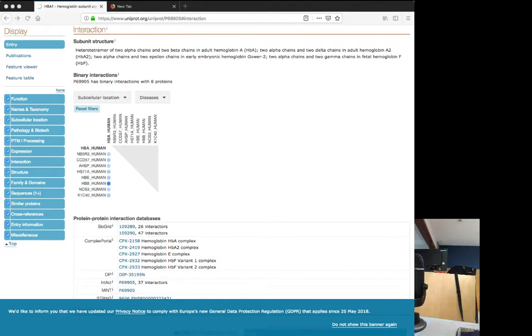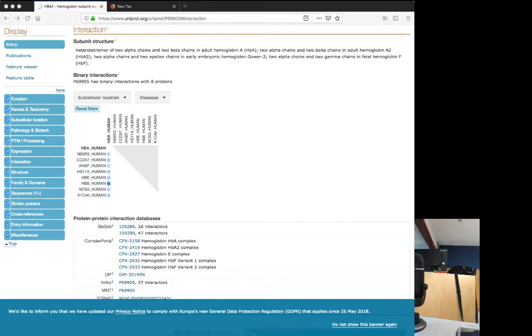Here in this table, what we have is a matrix of several proteins, starting with hemoglobin alpha, and then following with other human proteins, particularly beta, hemoglobin, and epsilon. And what this table is telling us with these colors is that alpha hemoglobin from human interacts with all of these proteins according to the color gradient.